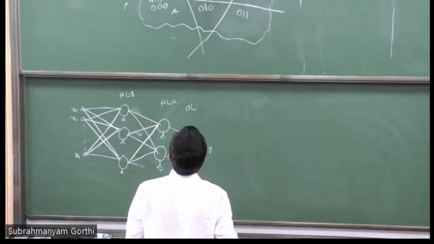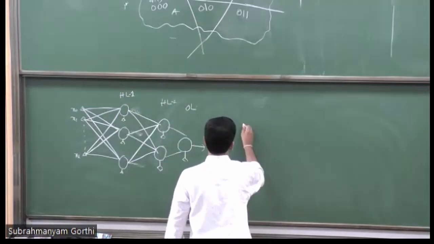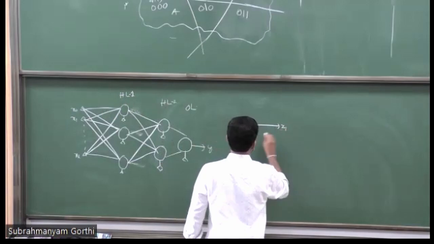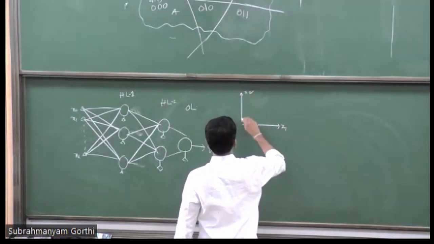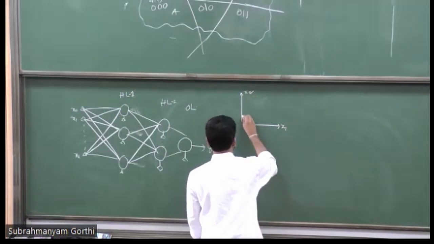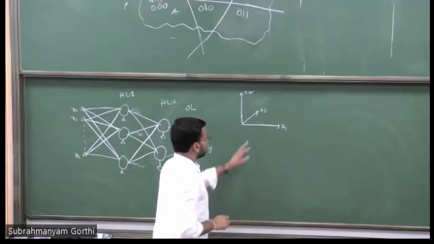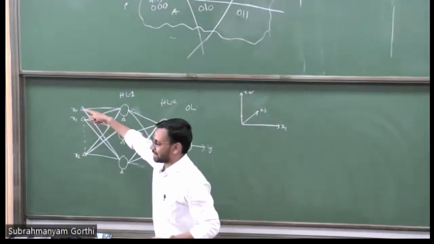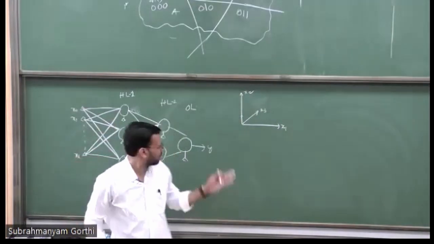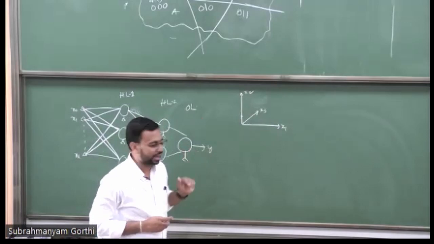I could, for example, consider x1, x2, and there are 3 here, x3. I'm doing a slight abuse of notation: I was earlier using x1, x2, x3 here, but you can name it whatever you want.